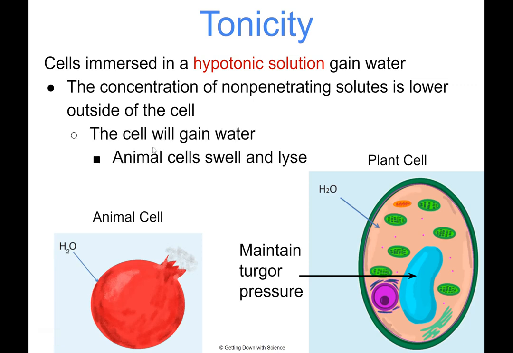Cell is going to gain water. In animal cells, they will swell and can actually lyse. With plant cells, they actually work really well in this situation. They actually maintain what we call turgor pressure by utilizing that large central vacuole to help deal with this influx of water.